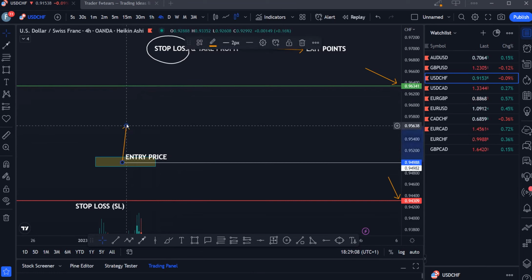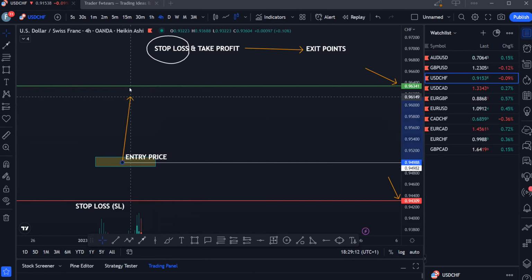So when price keeps going up like so, and as soon as it gets to this price, automatically you'll be taken out of that trade in profit. So that trade will be closed because it has reached its target. So stop loss and take profit are exit points in the market. One will exit you in a loss, which is stop loss, and then the other will exit you in a profit. Okay, so this is for a buy scenario.